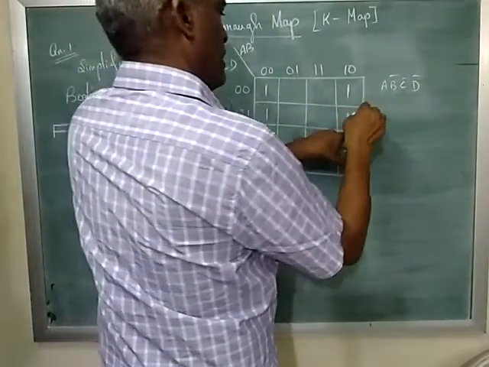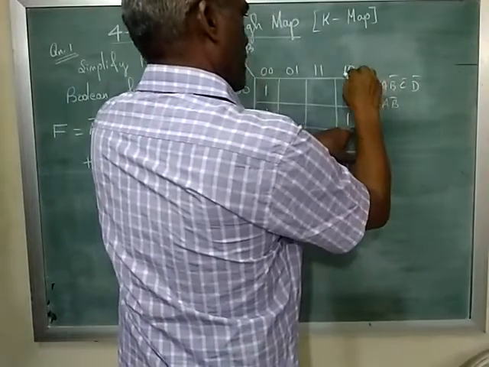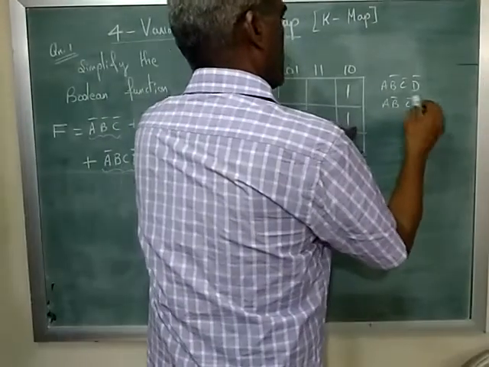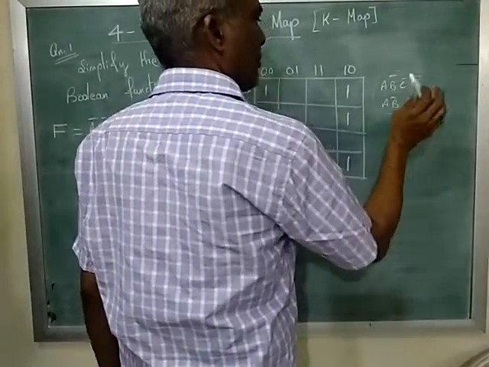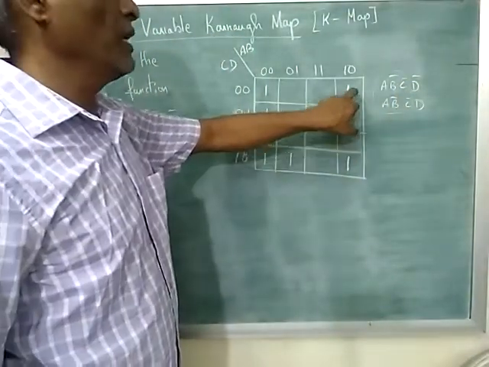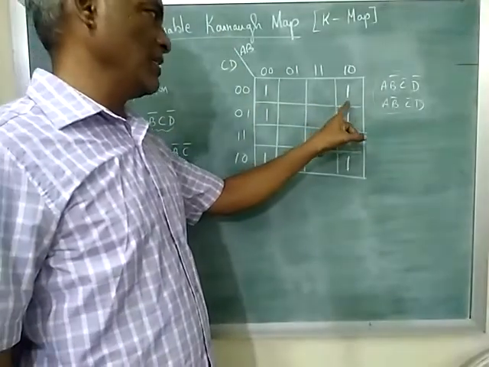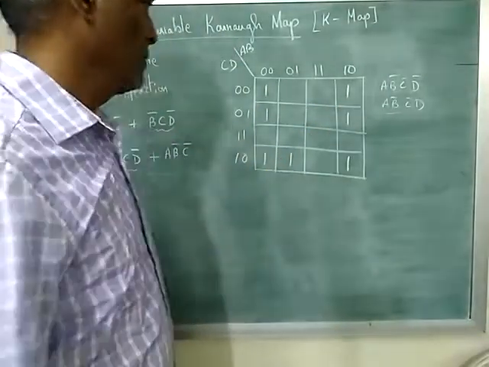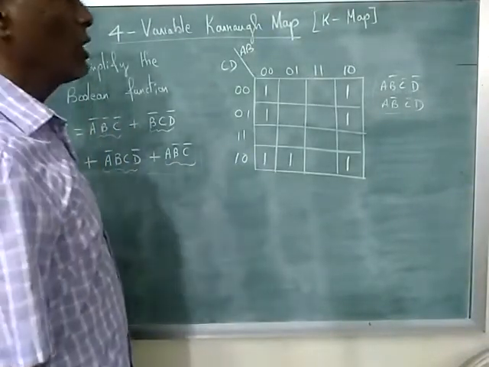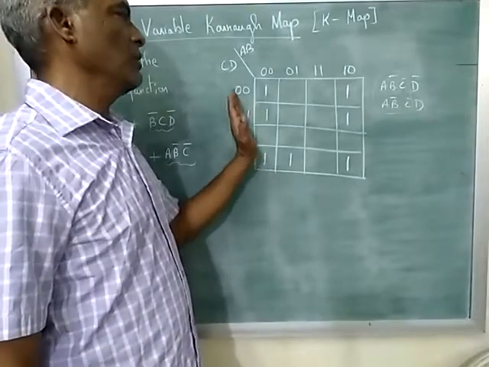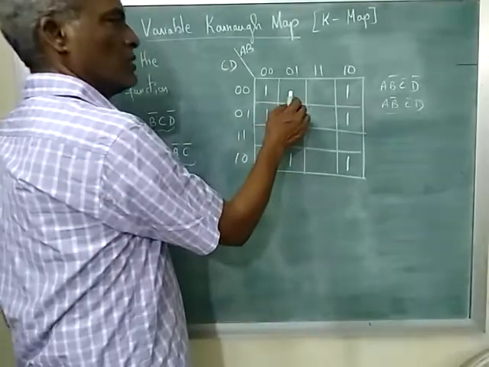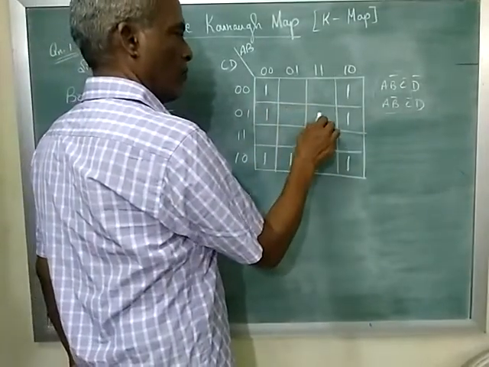The second term will be A, B bar, C bar, D. Now these 3 terms are the same, whereas D bar and D differ. Therefore, placing of these ones in these boxes is correct. Now we have entered all the 4. All others are 0. These boxes are 0.